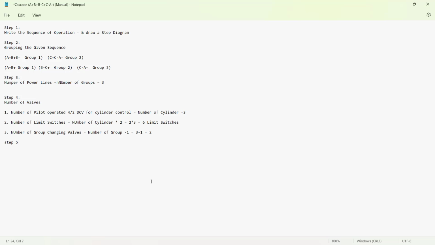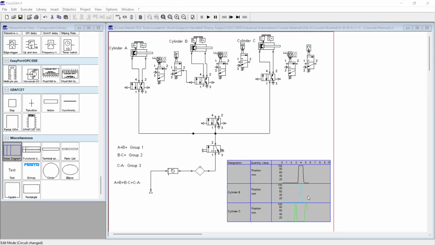Step 5 is to construct the circuit for the given sequence. So I took the same sequence.